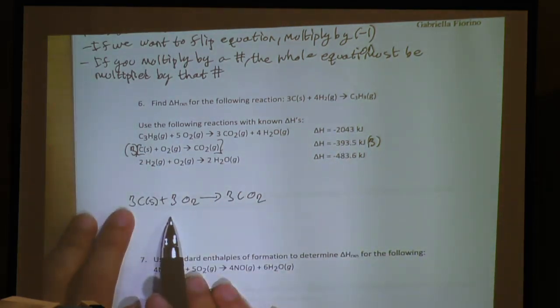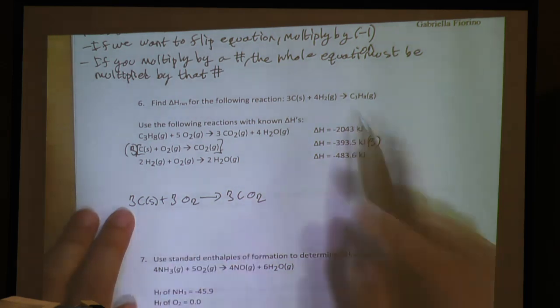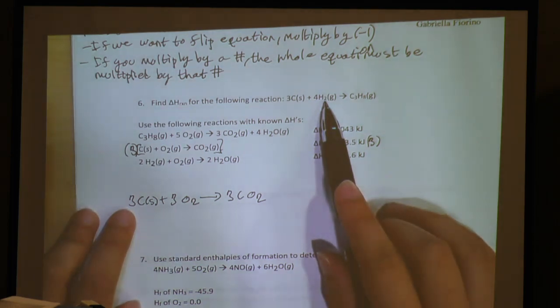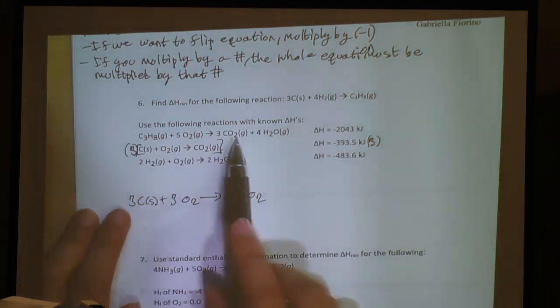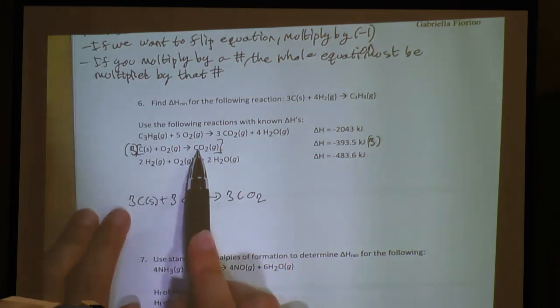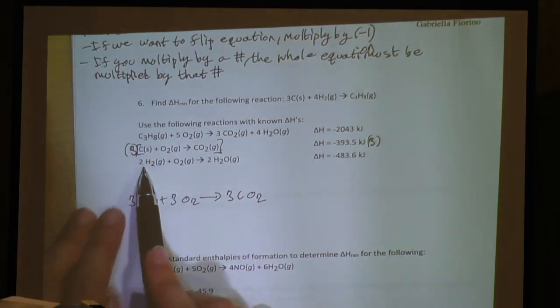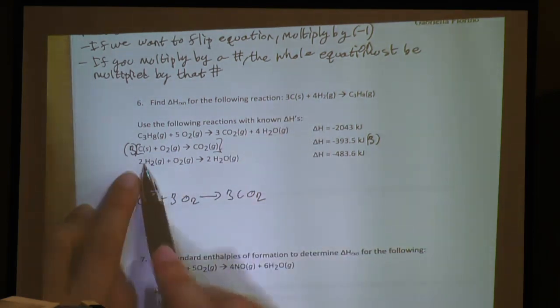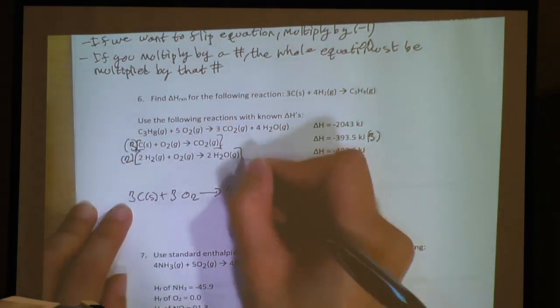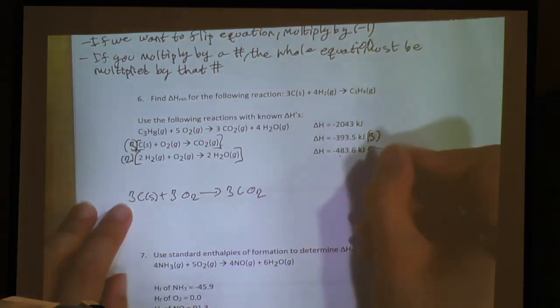Okay. So now, what else do we need? We need 4 of these. We don't have any lonely hydrogen in the top one, none in the second, but we do on the bottom. So we need 4, we have 2, so we can multiply this whole thing by 2, which means we also multiply this by 2.